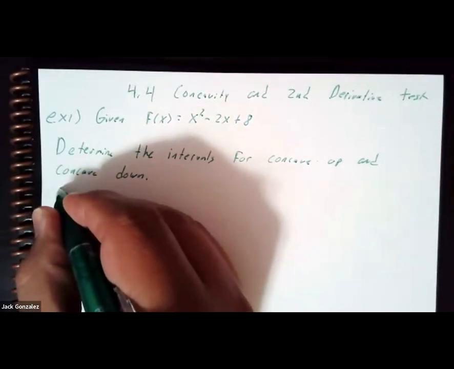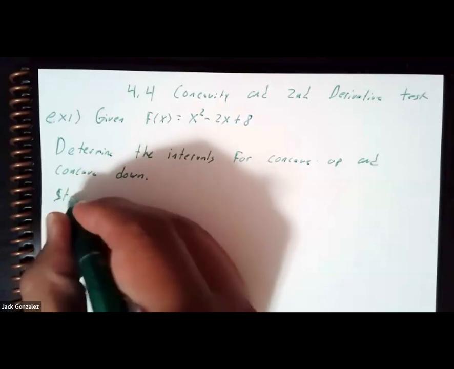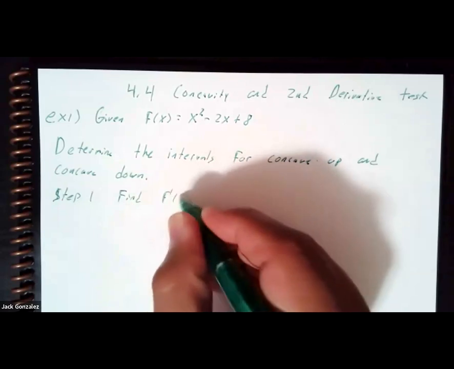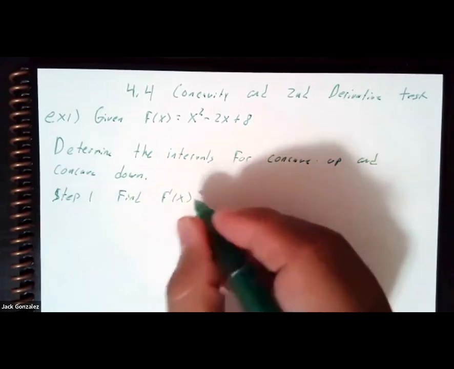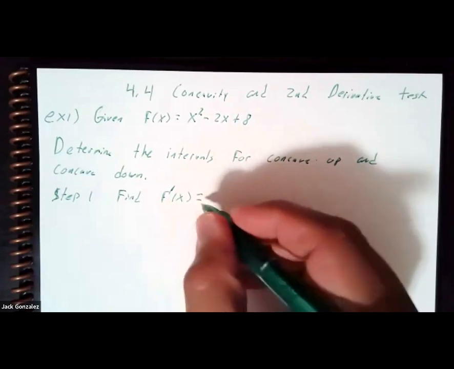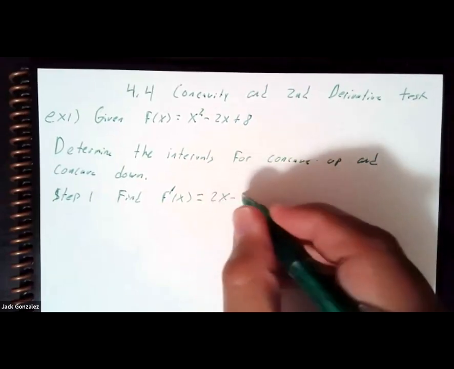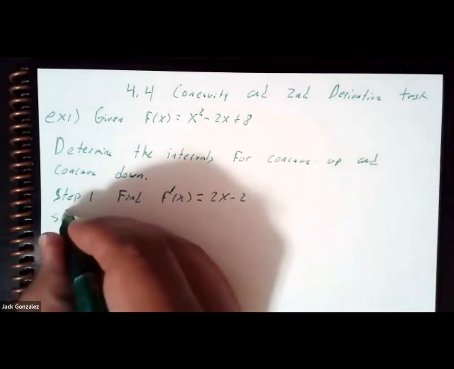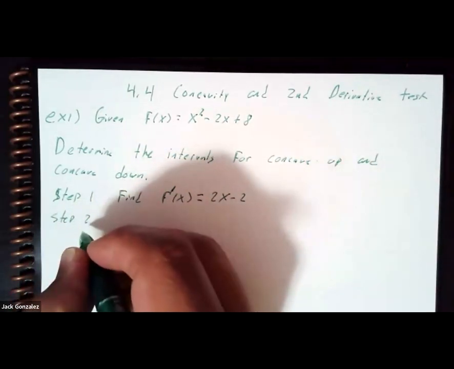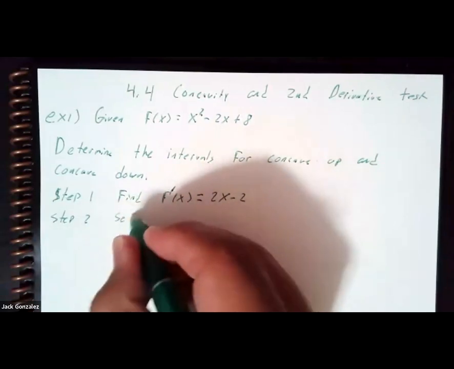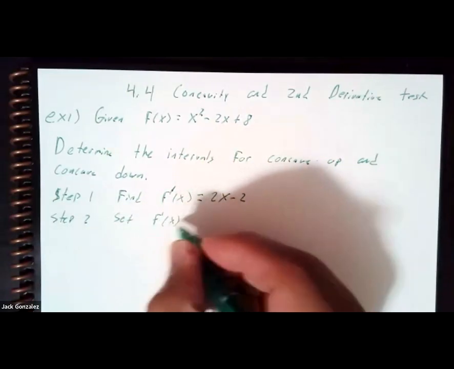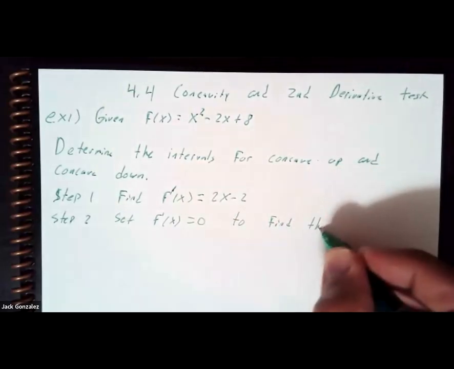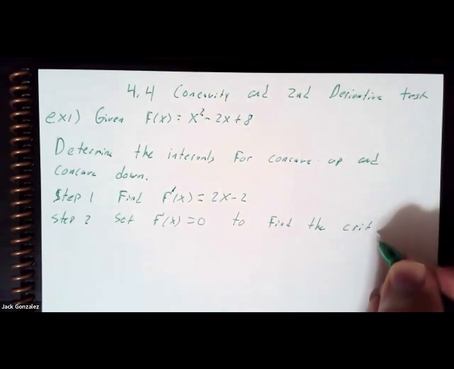So step 1, find f prime, which will be this, right? Step 2, set f prime to 0 to find the critical number. We'll just call it crit.